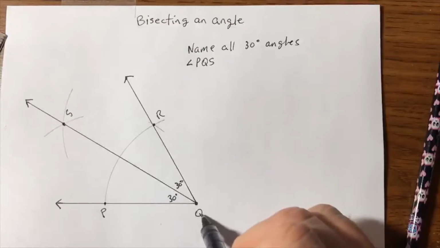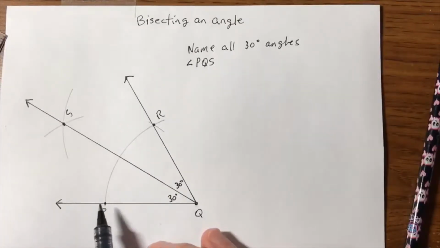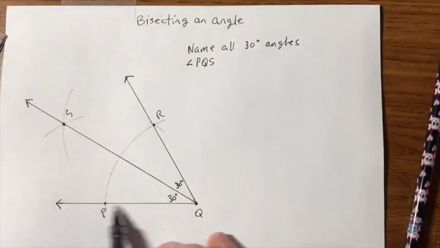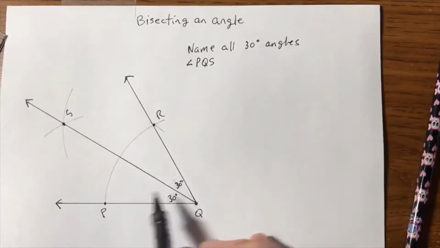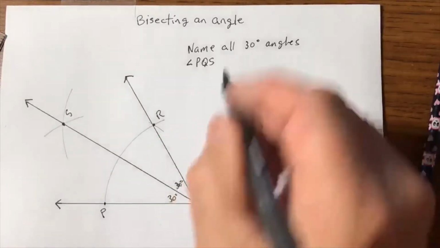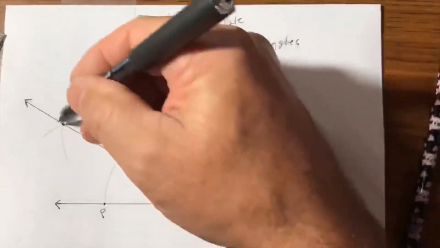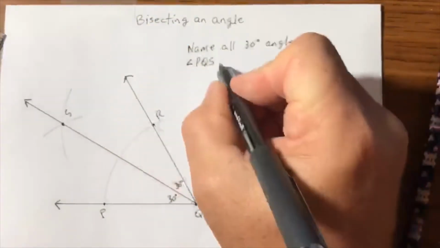Okay, so we must have Q in the middle, and it gives direction. So if you're reading this, you would go PQS, not go to PQR. Okay, PQR would be 30 plus 30, right? So PQS, another way to name this one would be SQP.